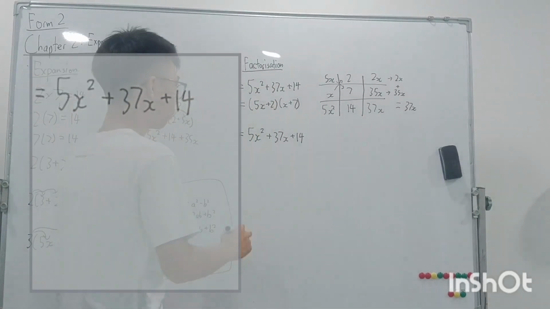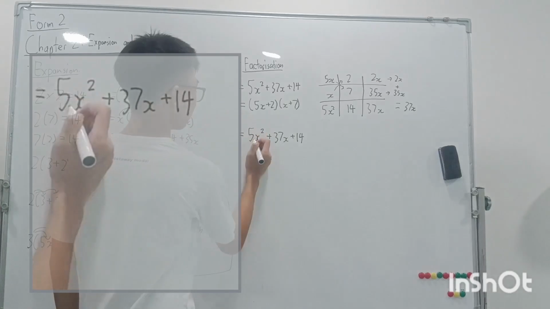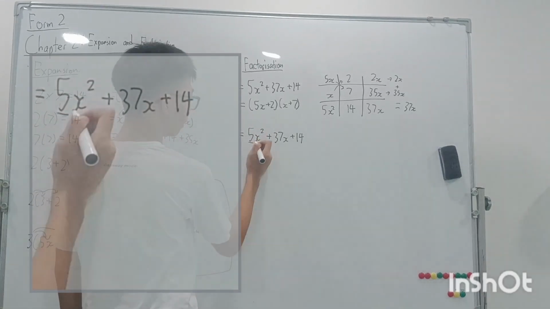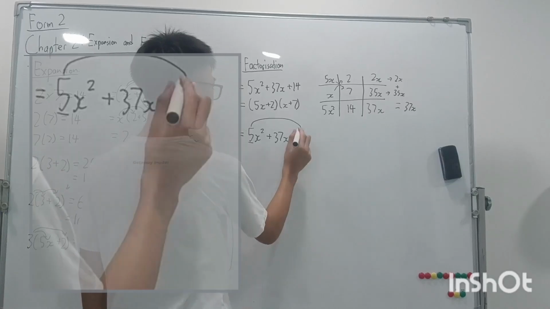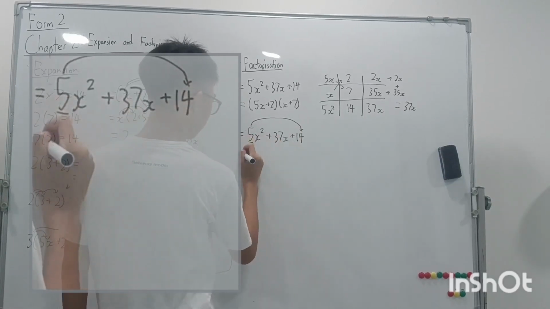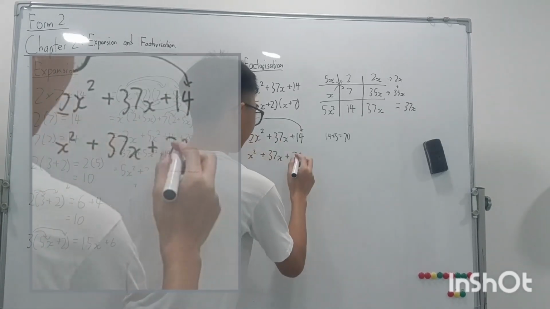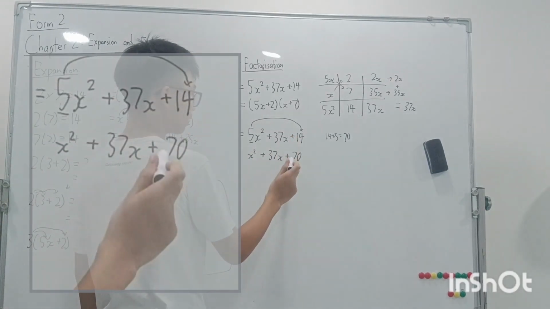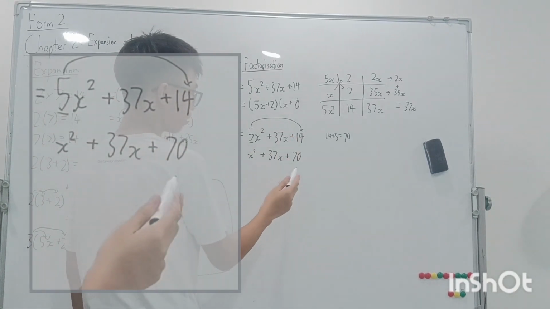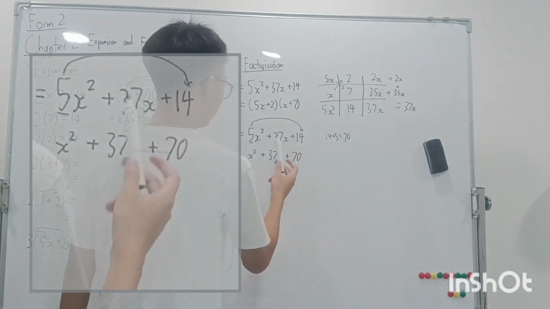So what we're going to do is take the coefficient of this x squared term and move it to multiply with 14 over here. Now we're going to find two numbers that multiply to be 70 and add up to be 37.